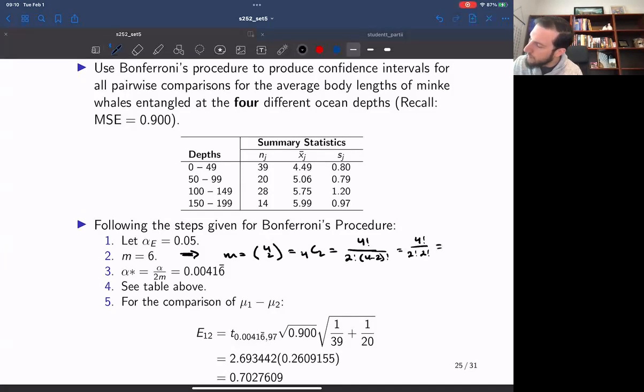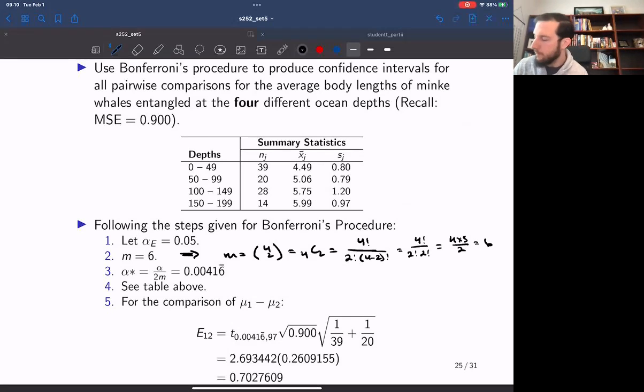So this is going to be 4 times 3 over 2, which is 6. Okay, again, you don't need to write it all out. You can just compute it directly in your calculator. But this is how you would find little m. So 4 choose 2 is 6. That's the idea.